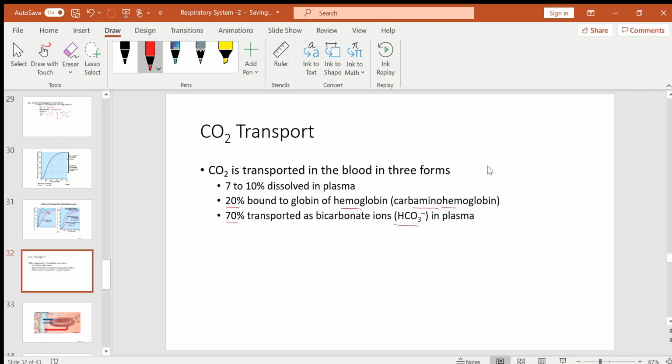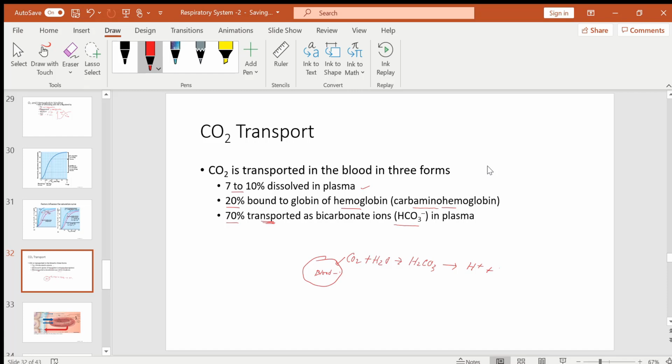Okay, now how the blood transports carbon dioxide as bicarbonate. This is your blood. Carbon dioxide enters into the blood, and blood has a lot of water, right? So carbon dioxide will react with water and produce H2CO3, carbonic acid, and it will quickly split into hydrogen and bicarbonate.